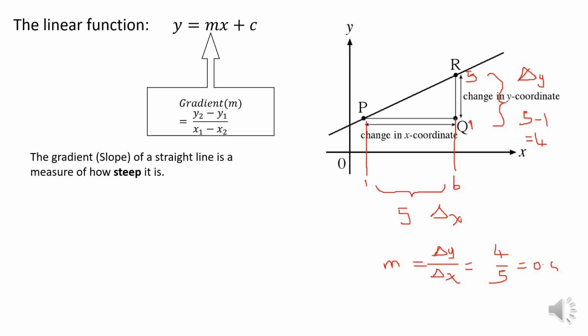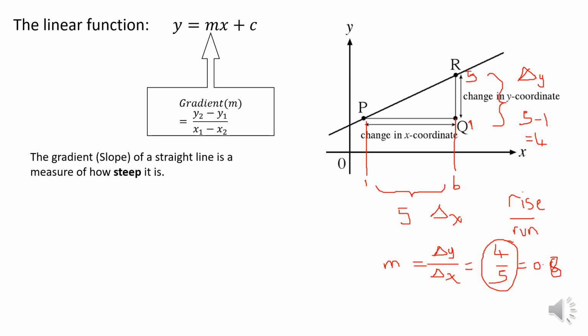Now, we prefer to leave the answer like this, because that tells us the change in y divided by the change in x, and sometimes people say the rise divided by the run. These are all very nice terminology that can help you to understand what we're dealing with.